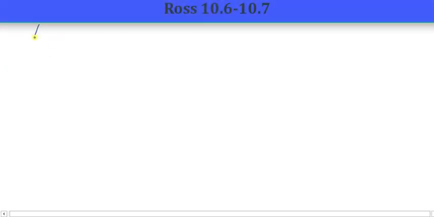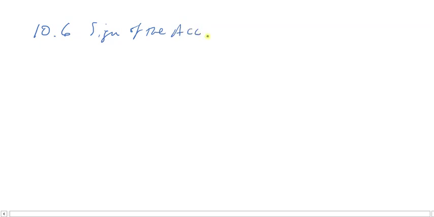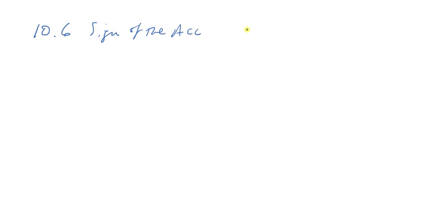Let's look at Ross chapter 10.6. And this is what he has called the sign of the accusative. Now remember, Hebrew does not technically have a case system where you change the endings on nouns to indicate whether they're the subject or the direct object or anything like that.